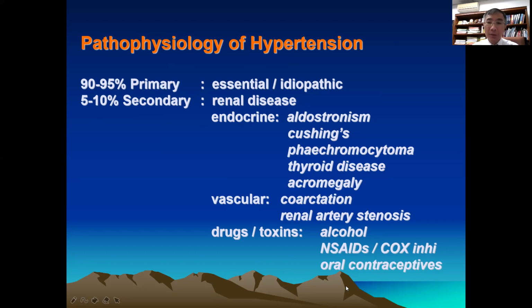So there are drugs one has to think about. There are endocrine abnormalities, there are vascular abnormalities, all of which can cause hypertension. And these are the secondary hypertension. It is important to identify them because once identified, the underlying condition can be corrected and the patient can be cured of hypertension.